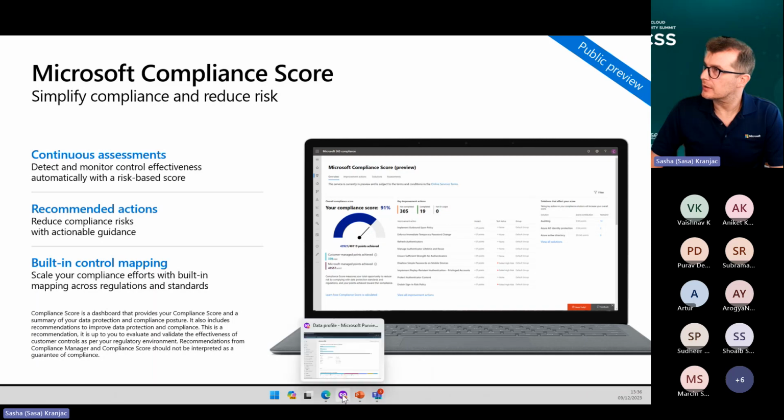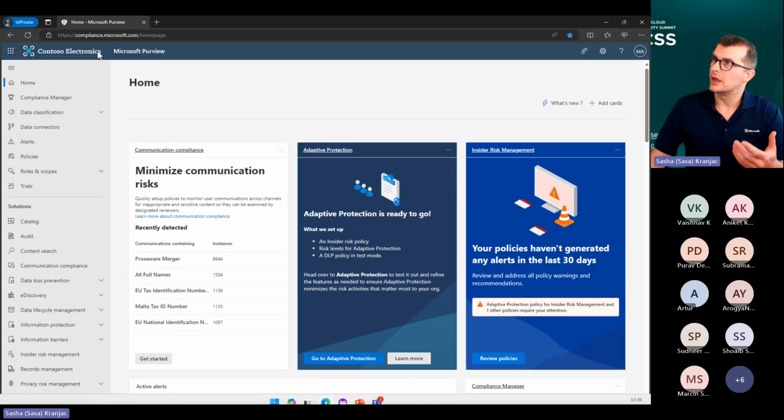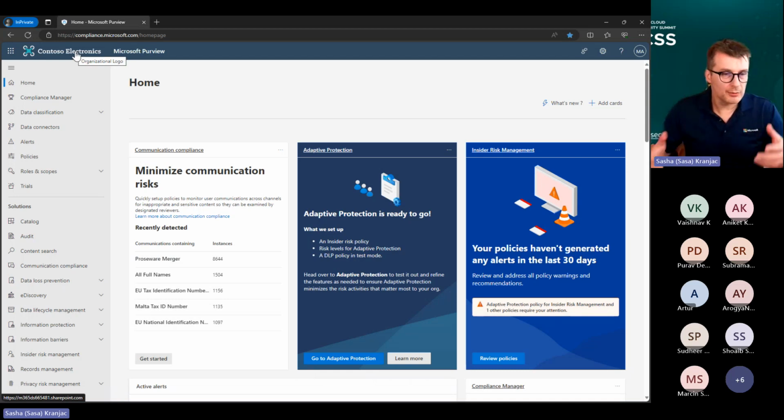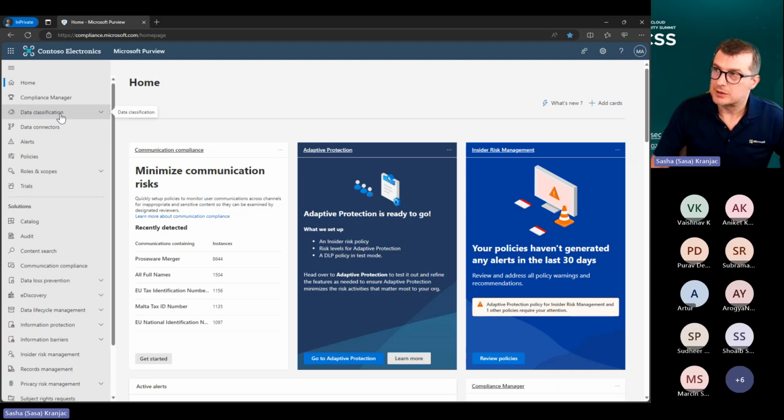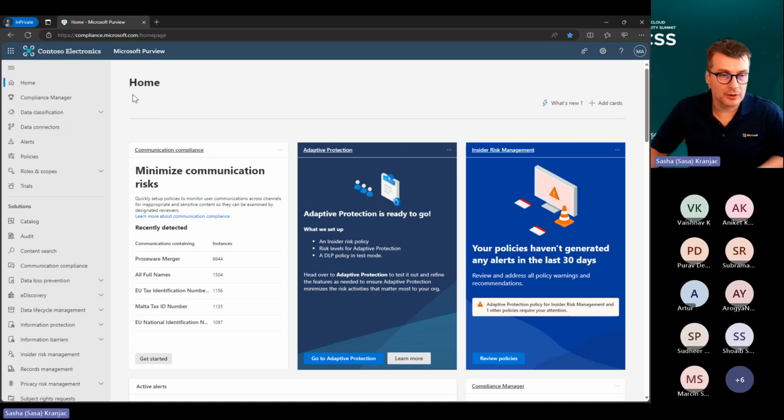Let's quickly go. Yes, there it is. So we were talking about compliance and governance and whatnot here. So let's focus on these things. For example, compliance.microsoft.com is our place to go. We still have, checking the time, 10 minutes, so we're good to go.